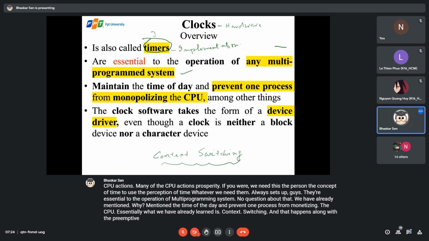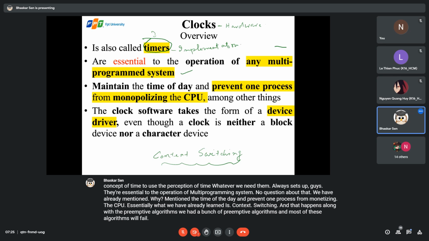We had a bunch of preemptive algorithms, and most of these algorithms will fail if your computer doesn't have any notion of what time is. So that is the problem.